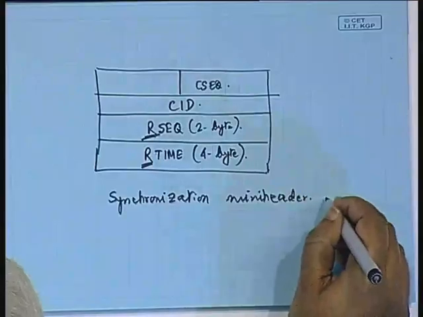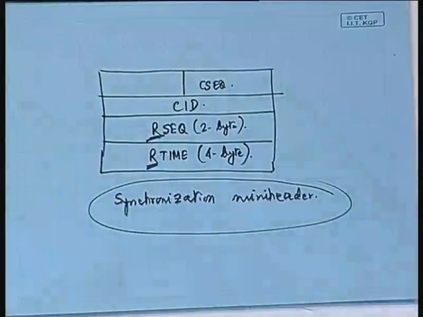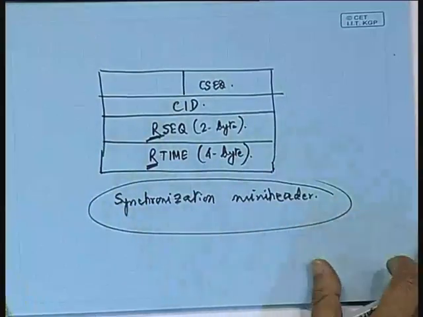If we are relying only upon the CID and C sequence, there is a risk that synchronization could be lost. So, periodically we have to send this synchronization mini header information.